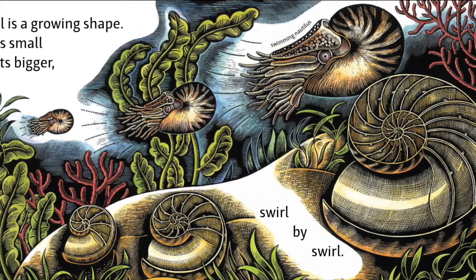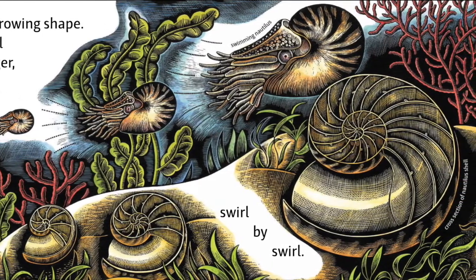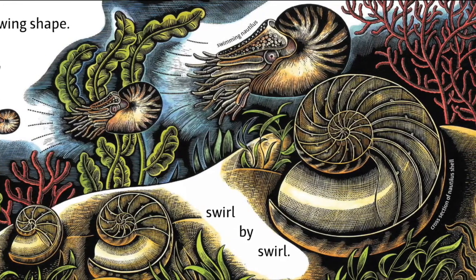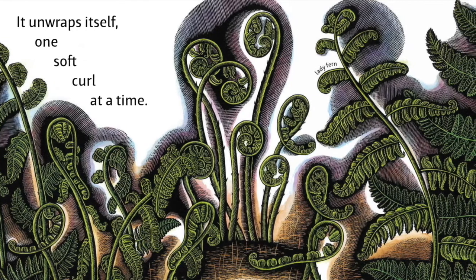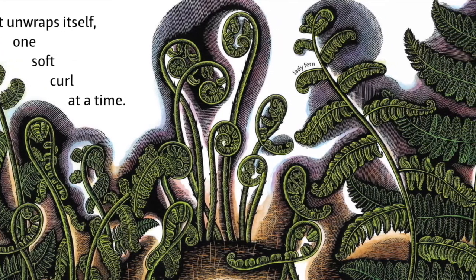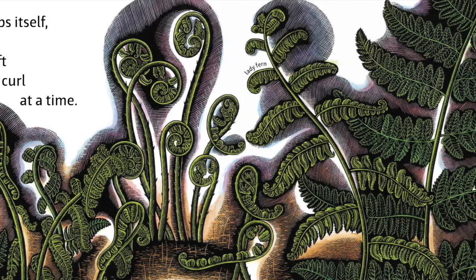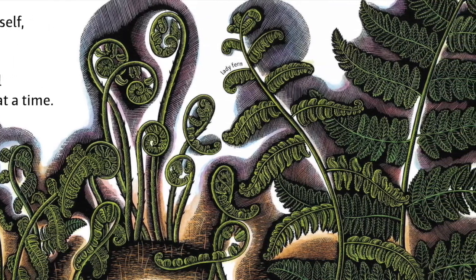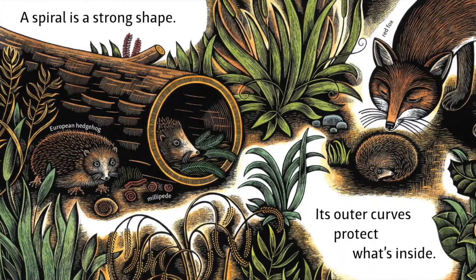It starts small and gets bigger, swirl by swirl. It unwraps itself, one soft curl at a time. Tell me, oh tell me, what is a spiral?